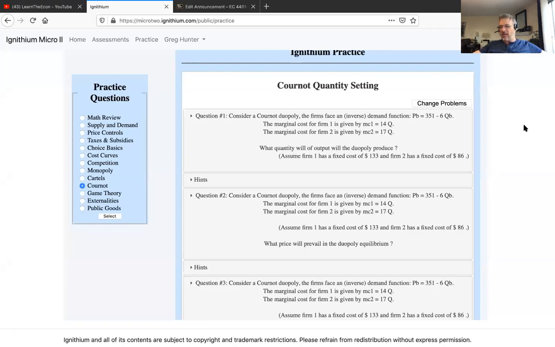Mathematically, I can go 351 minus 6Q2 bar, put it in little square brackets, minus 6Q1. And I'm going to call this P tilde 1.